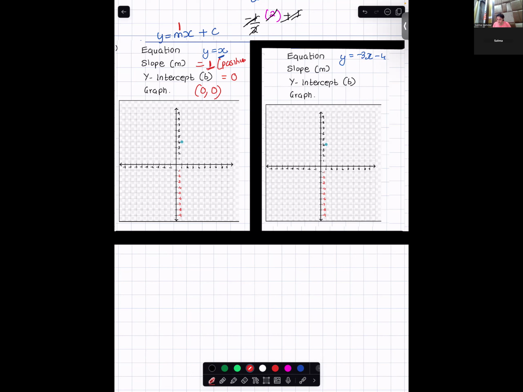I need another point. y is equal to x. So I want the x coordinate and y coordinate. When x is 0, y is 0. When x is 3, y will be 3.